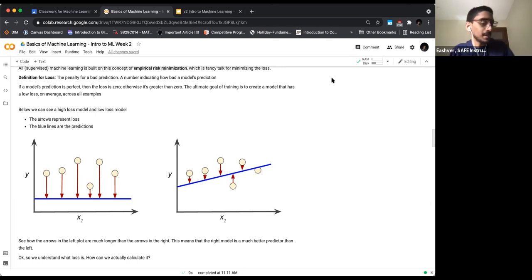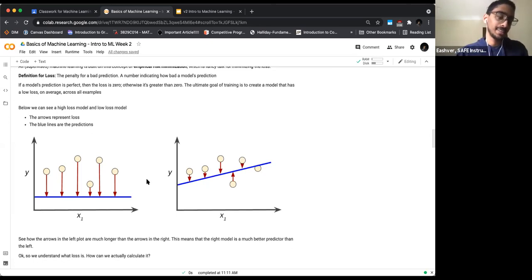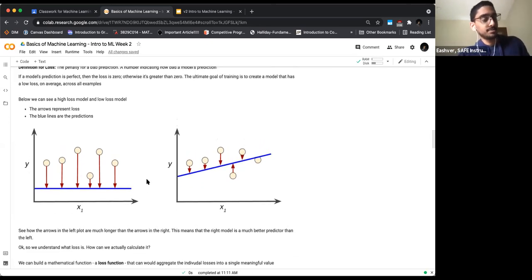Any answers? Okay, Nathan says distance of arrows. That's correct, right?